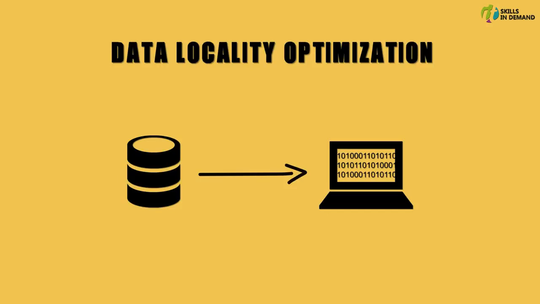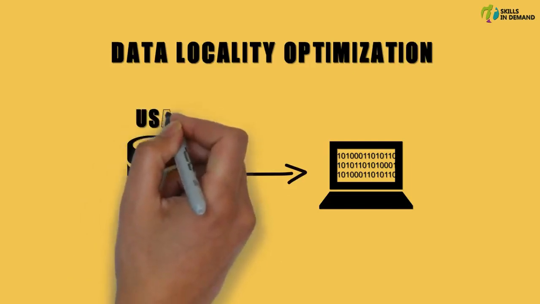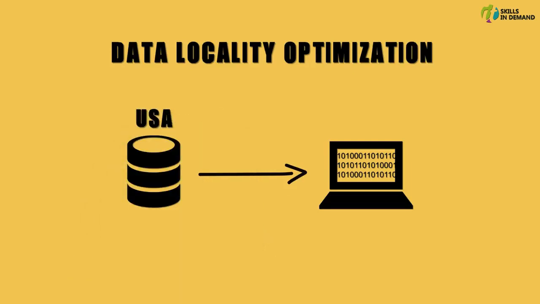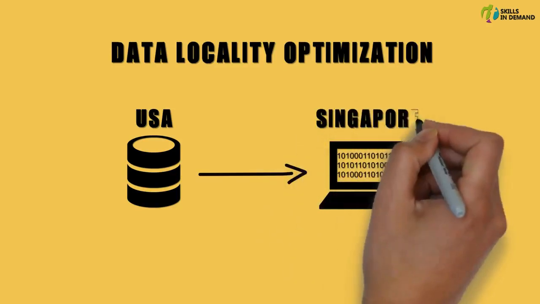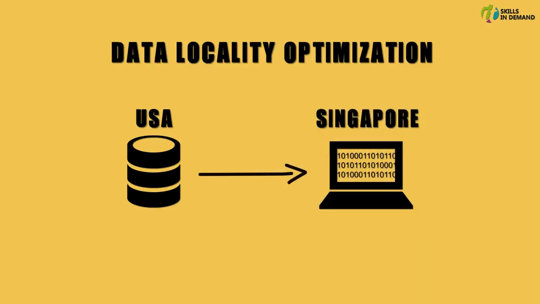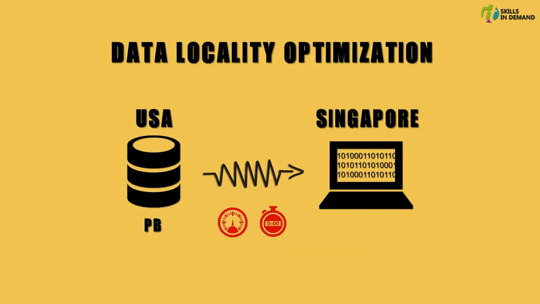For example, let us say the data required by our program is located at some data center in the USA, and the program that requires this data is located in Singapore. Let us assume the data required by the program is around 1 petabyte in size. Transferring such a huge volume of data from the USA to Singapore would consume a lot of bandwidth and time.